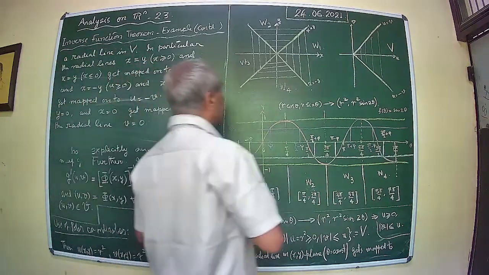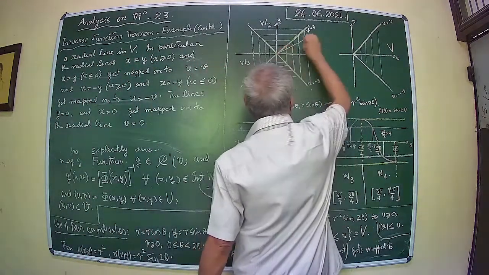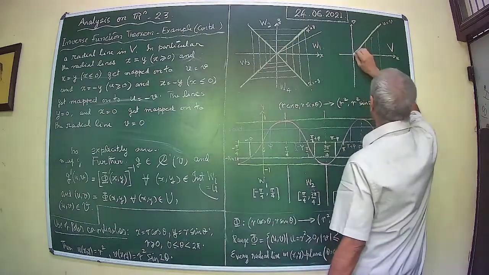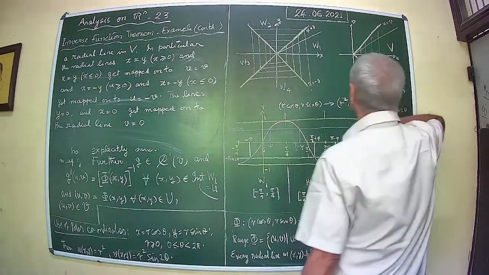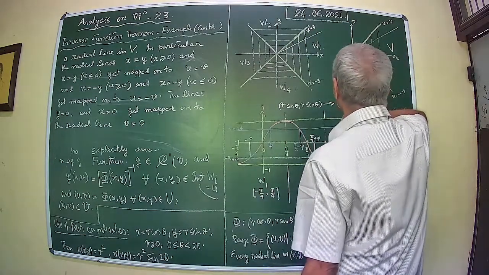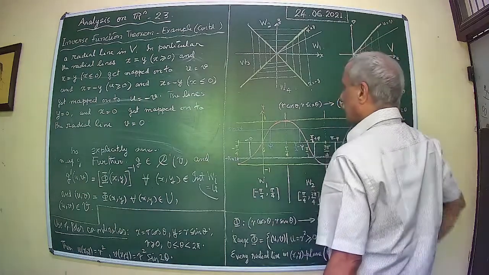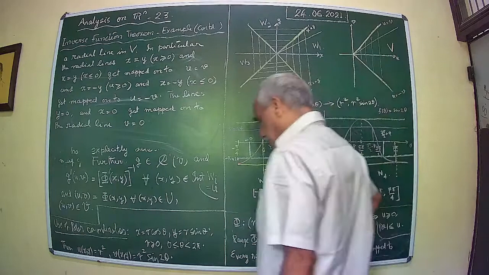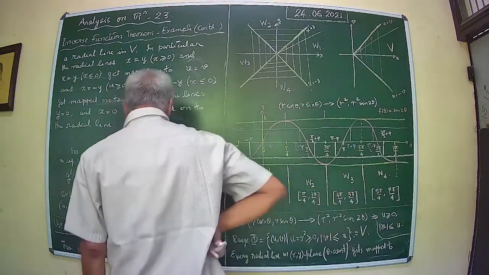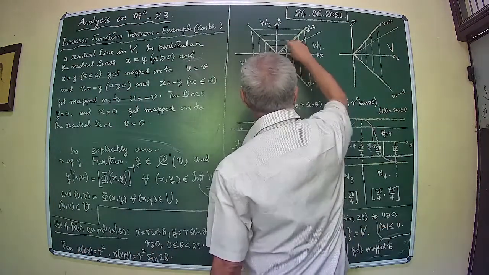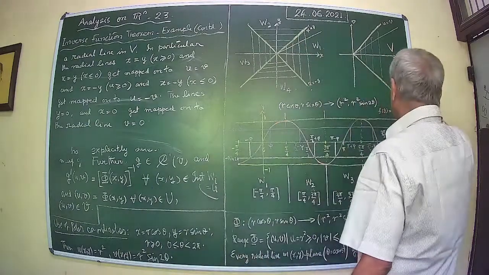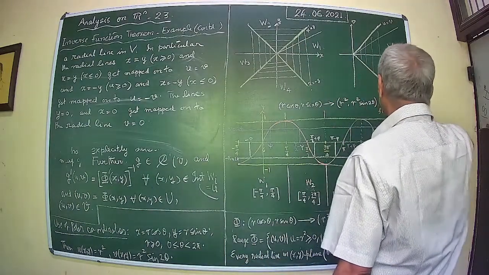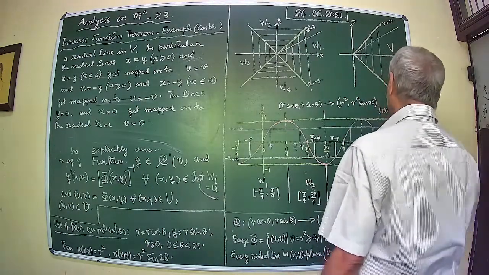In addition to that, you take any radial line that gets mapped. An arbitrary point on that is going to be r square comma r square sine 2 theta. So if this angle is theta, then sine 2 theta fixes up the particular line.